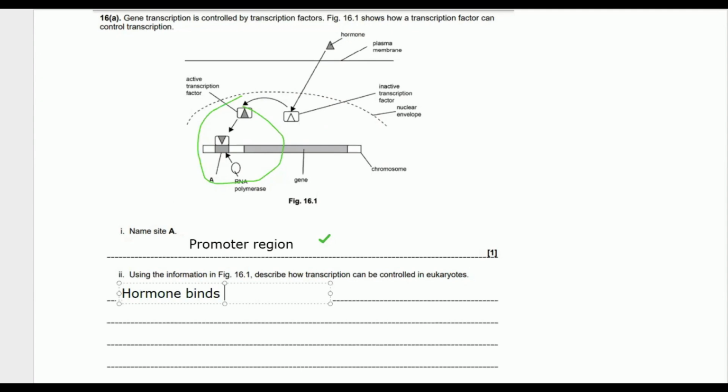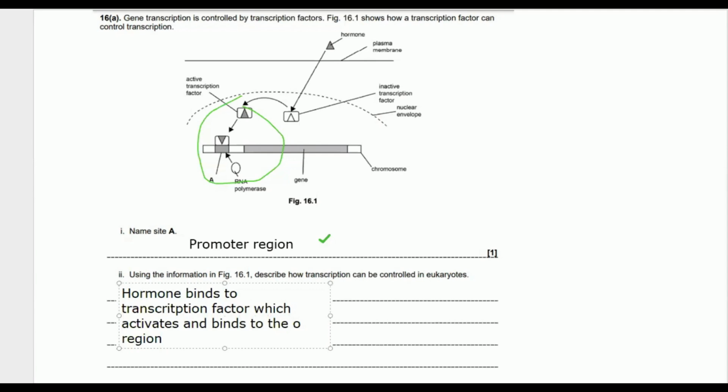Hormone binds to transcription factor, which activates and binds to the O region, making the promoter region available for RNA polymerase, which can now transcribe the genes.